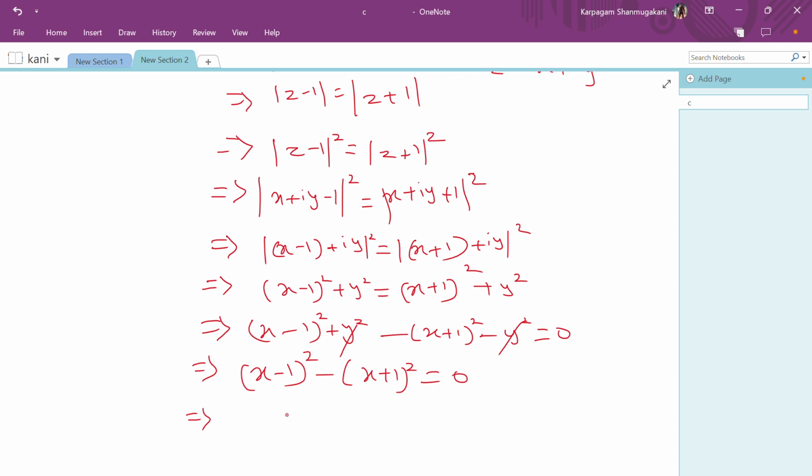That is the a square minus b square formula, where a is X minus 1 and b is X plus 1. A square minus b square equals (a plus b) into (a minus b) equal to 0.